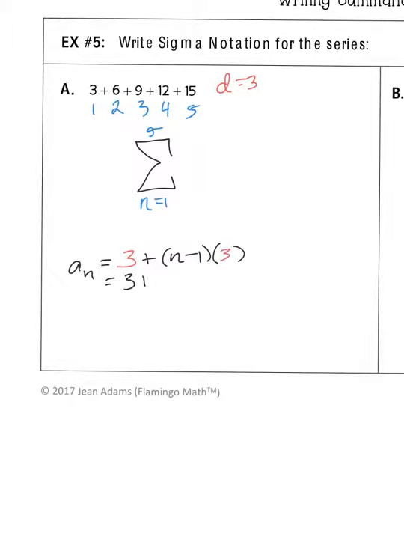So we get 3 plus 3n minus 3, and that equals 3n because these two are going to cancel. And so I know that my rule here is going to be 3n. And that's it. You just had to write the sigma notation. You did not actually have to find the sum.